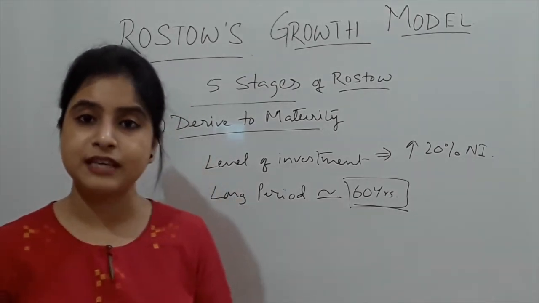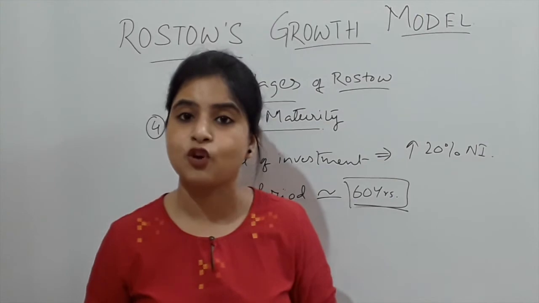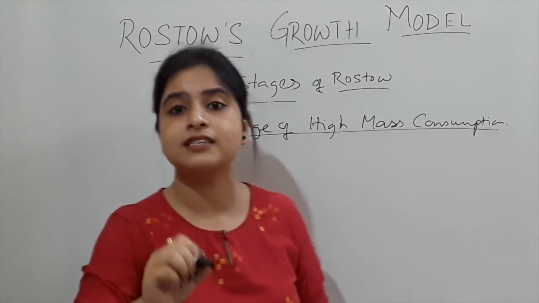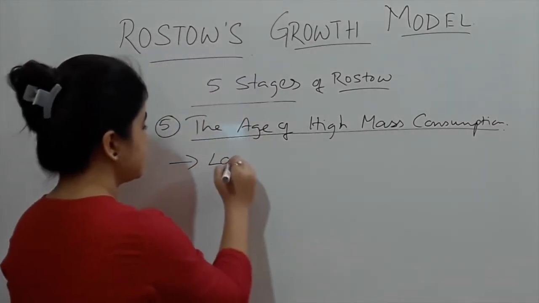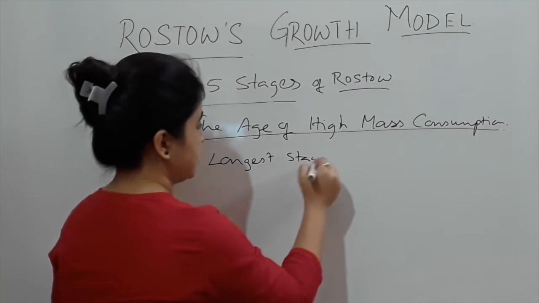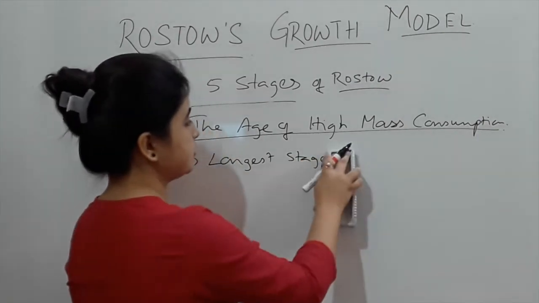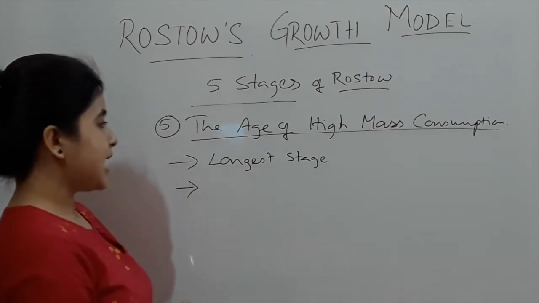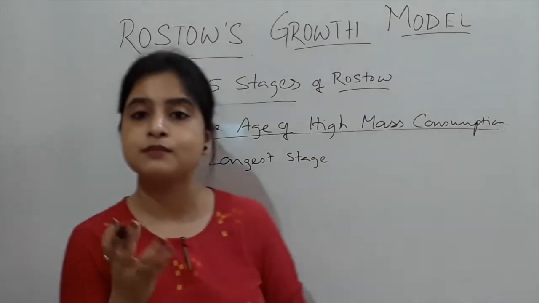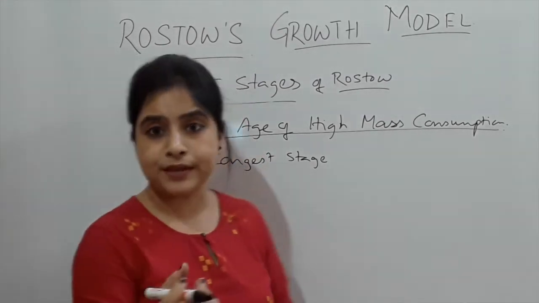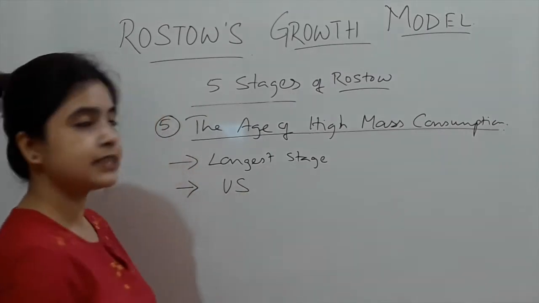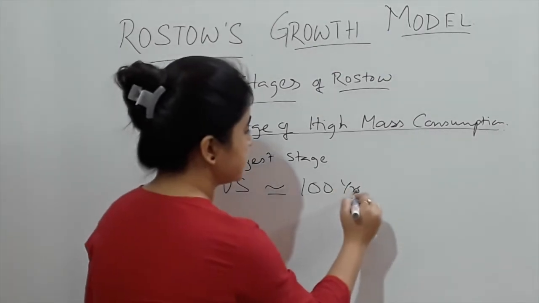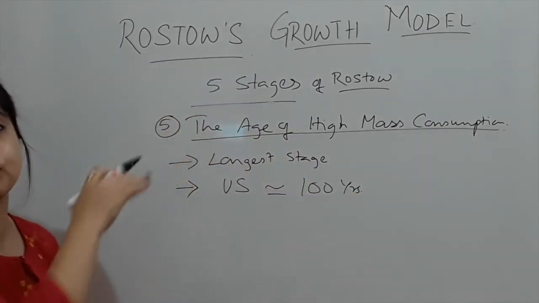Now let's move to the fifth and final stage of Rostow, that is the age of high mass consumption. This is the final stage and the longest stage. Rostow has mentioned the example of the United States, which took approximately 100 years to reach this stage of economic growth.